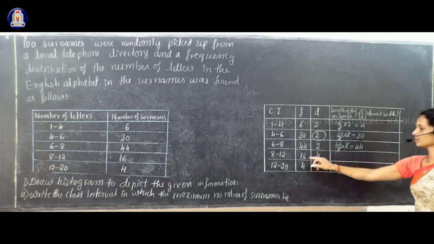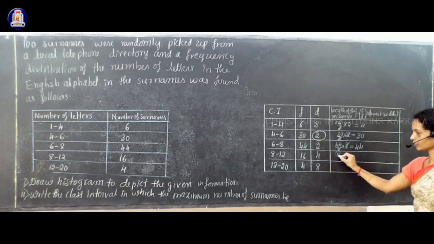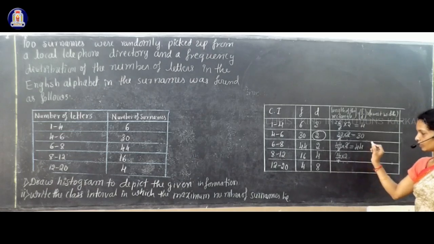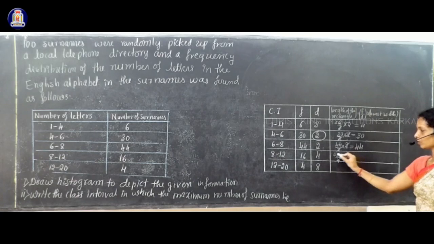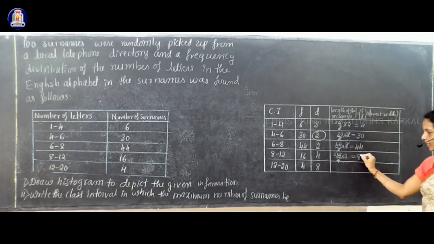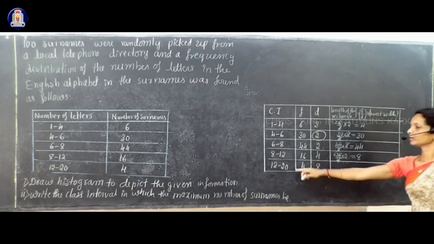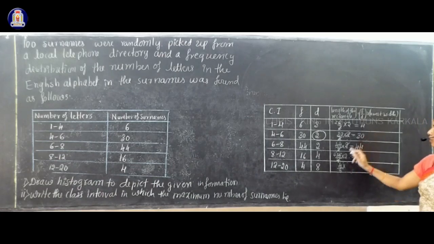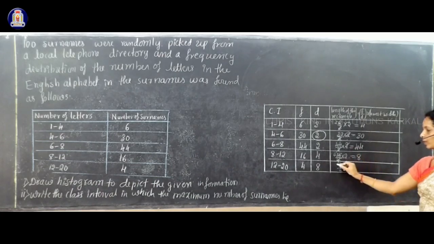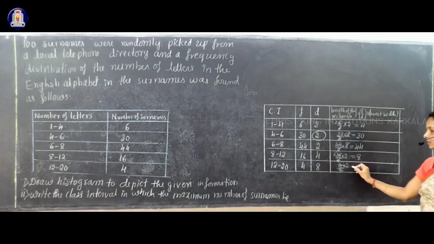Next, F is 16 divided by D, that is 4, into the lowest width, that is 2. And here 4 fours are 16, 4 into 2, that is 8. Then for 12 to 20, F is 4 divided by D. D is 8 into the lowest width, that is 2, and 4 into 2, that is 8, cancels with 8. So the height is how much?